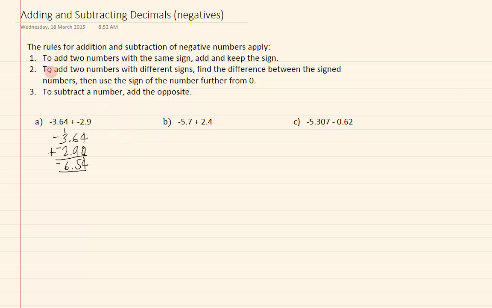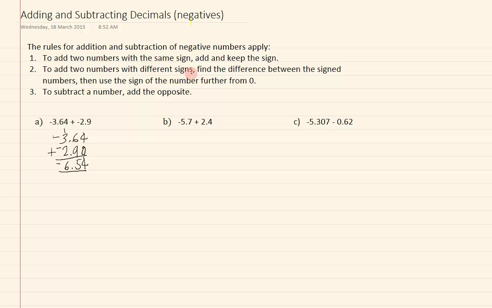Let's have a look at the second rule now, which says to add 2 numbers with different signs, find the difference between the sign numbers, then use the sign of the number further from 0. Now that's a bit of a mouthful. Let's just look at the first part. To add 2 numbers with different signs, so you've got like negative 5 and positive 3, something like that.